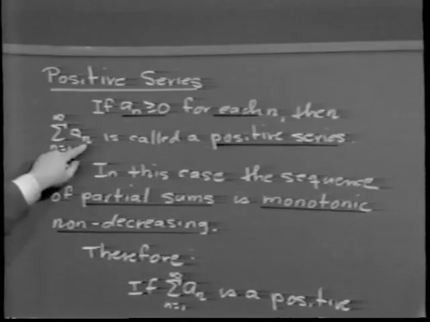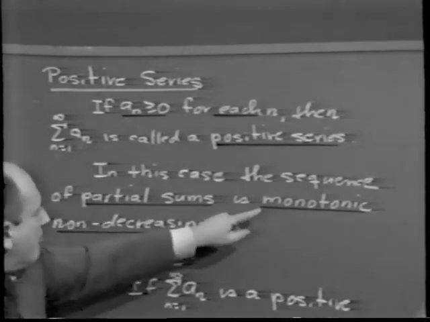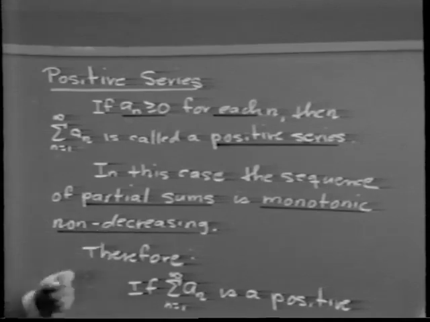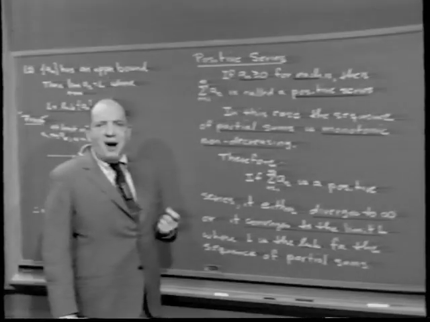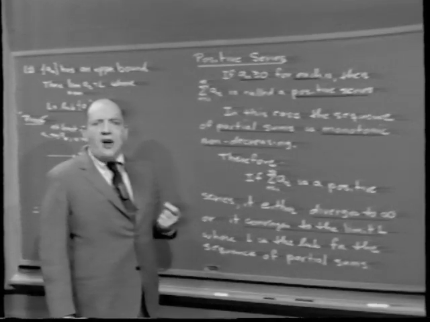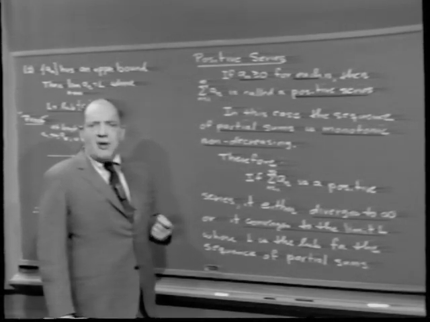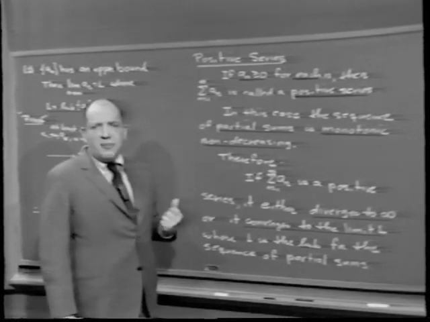If each of the a sub n's is positive, or at least non-negative, notice then that the sequence of partial sums is monotonic, non-decreasing. Why? Because to go from the nth partial sum to the n plus first partial sum, you add on a sub n plus 1, and since a sub n plus 1 is at least as big as 0, it means that the n plus first partial sum can be no smaller than the nth partial sum.